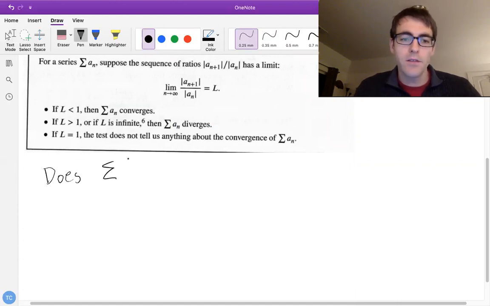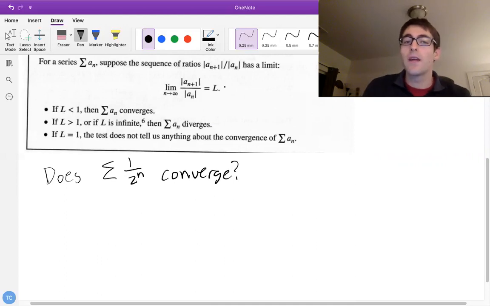our example is the series 1 over 2 to the n. All right. So to determine this, we want to calculate the n plus 1th term over the nth term, and we want to take the limit as n goes to infinity.